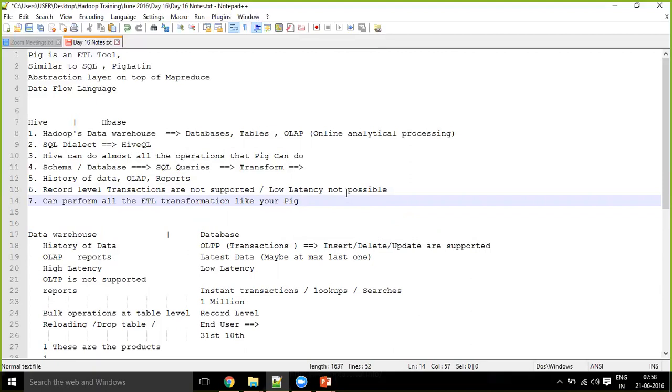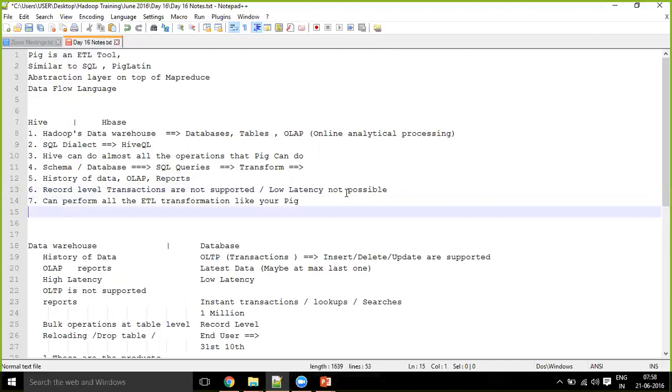And one more similarity is that even Hive runs MR jobs in the backend. Same as Pig: when you submitted your Pig scripts, it converted them into MapReduce jobs, those jobs got executed, and once the jobs were completed, you got the results, right?